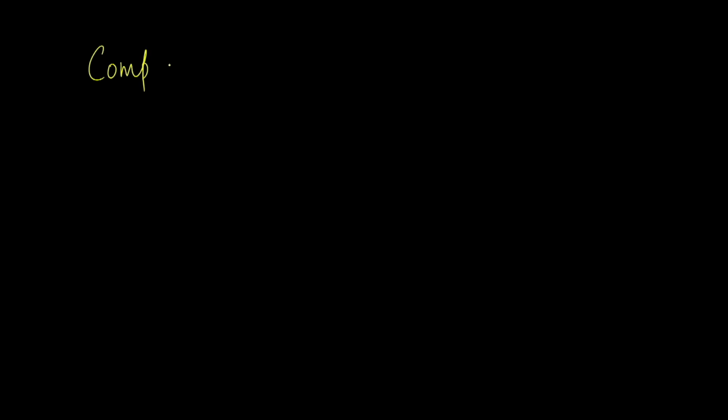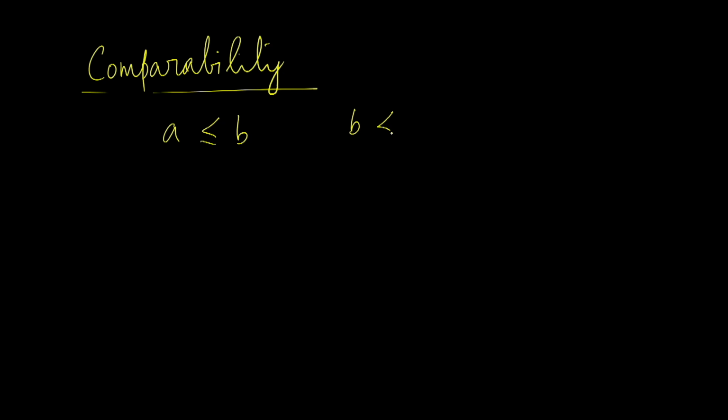Now let us consider the issue of comparability. It could be that A is less than or equal to B for a pair of elements A and B, or it could be that B is less than or equal to A for the same pair, or it is possible that neither may hold.